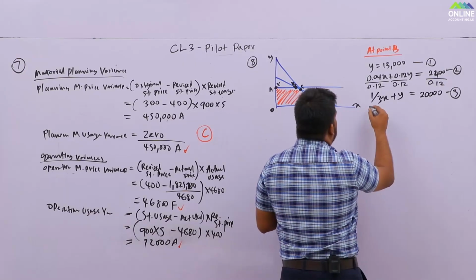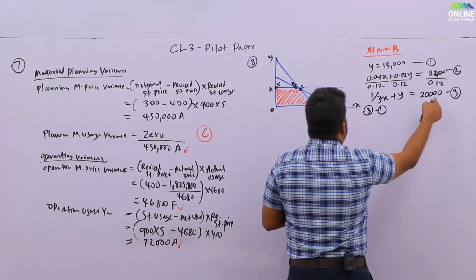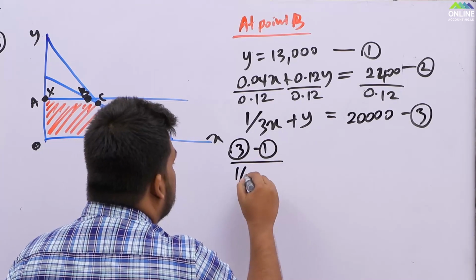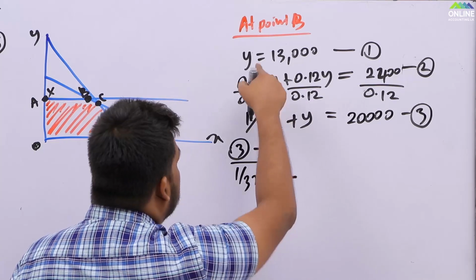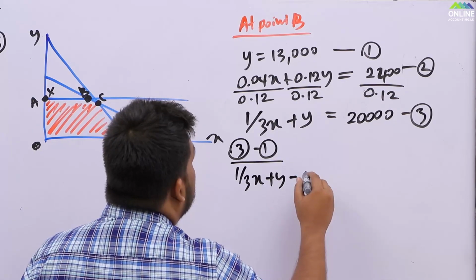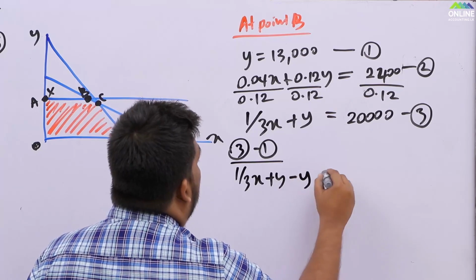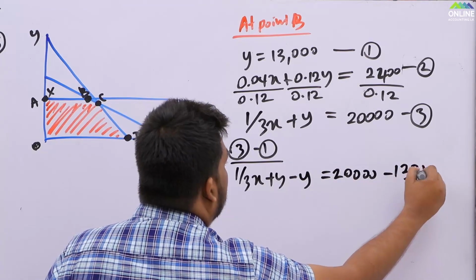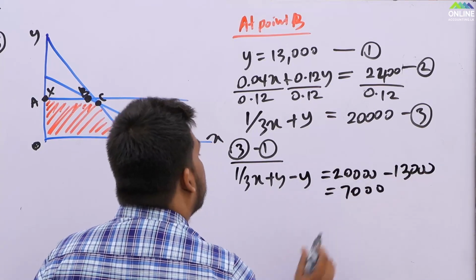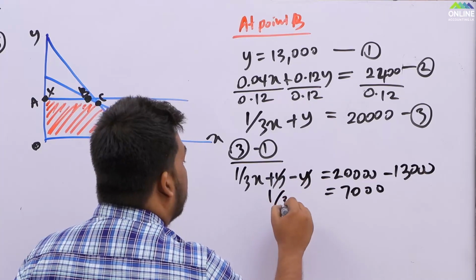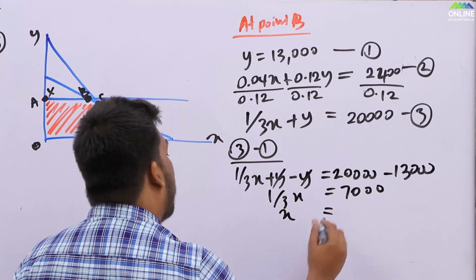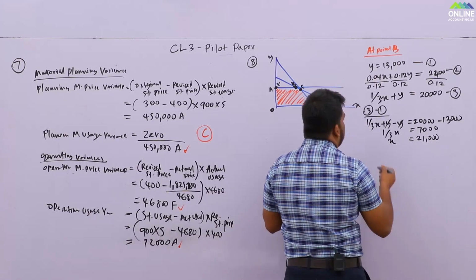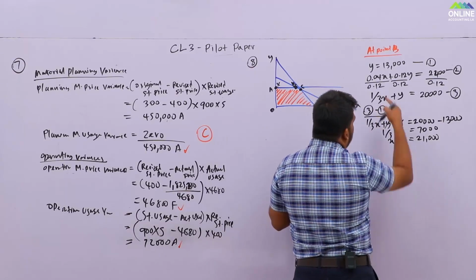Third minus first: y minus y, equals 20,000 minus 13,000. So the answer is 7,000 equals 1/3x. So x should be 21,000.